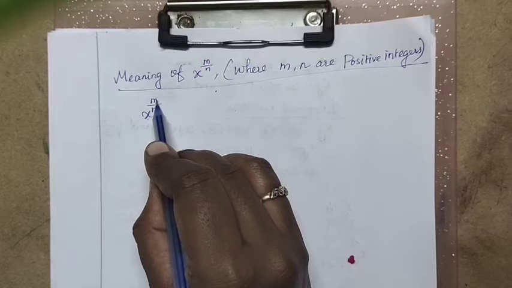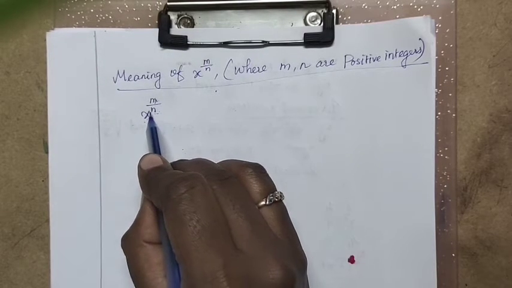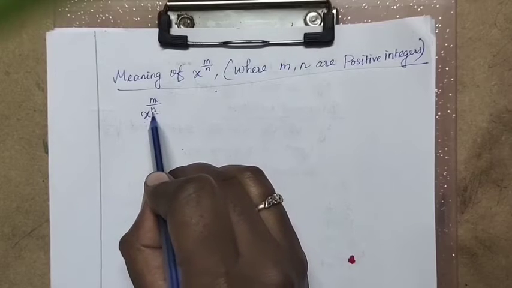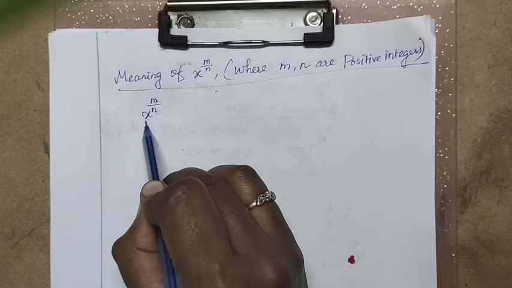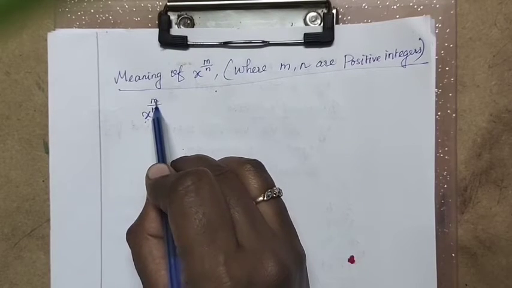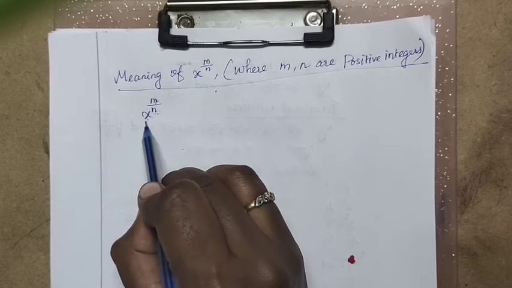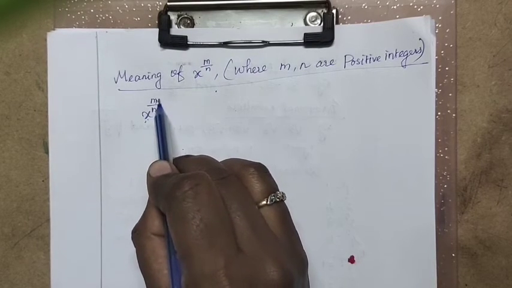Otherwise, mth power of nth root of x. There are two ways we can say this. One is nth root of mth power of x. Another one is mth power of nth root of x. We didn't change the root and power.